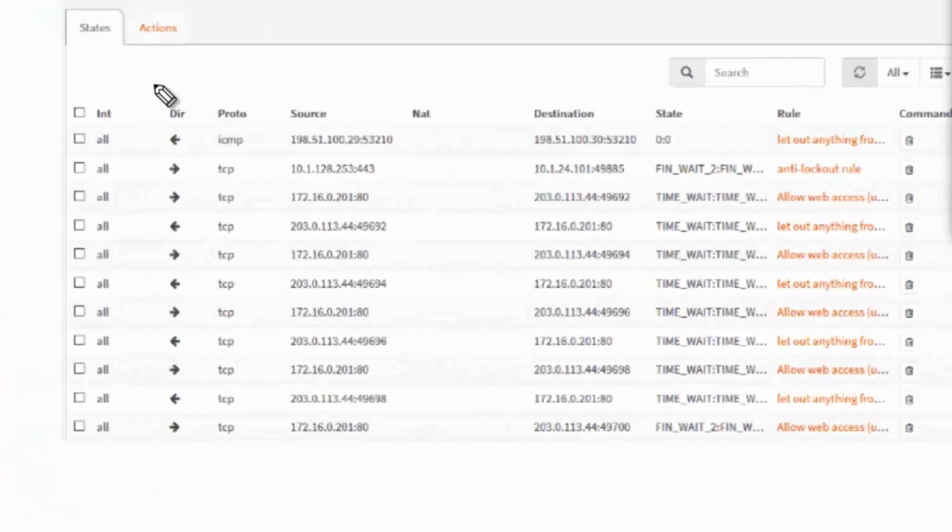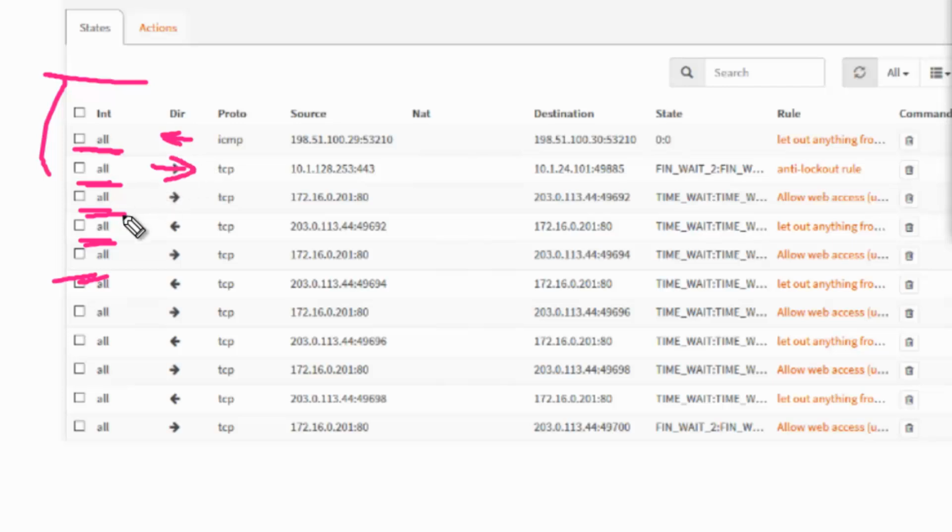So it looks like this: all the IP addresses, and this is the direction, meaning incoming traffic, and this direction means outgoing traffic. Ingoing, outgoing, ingress, egress. And protocol type: ICMP, TCP and UDP.